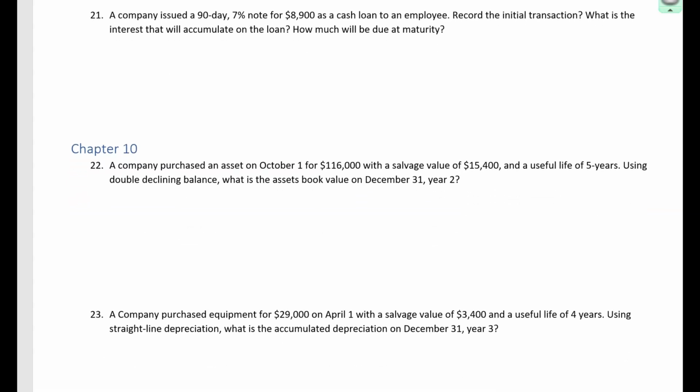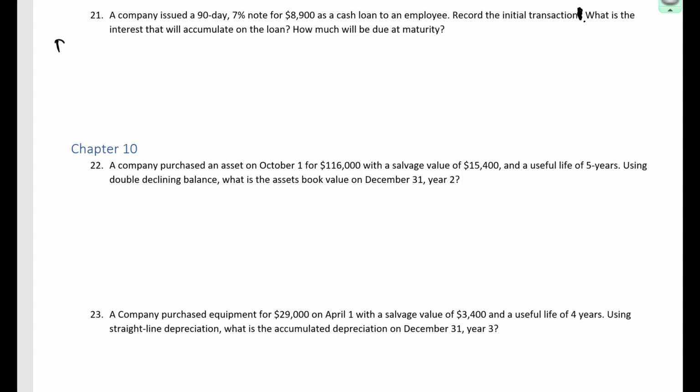Okay, company issued a 90-day 7% note for $8,900 as a cash loan to an employee. Record the initial transaction. Okay, what is the interest that will accumulate on the loan and how much is due at maturity?